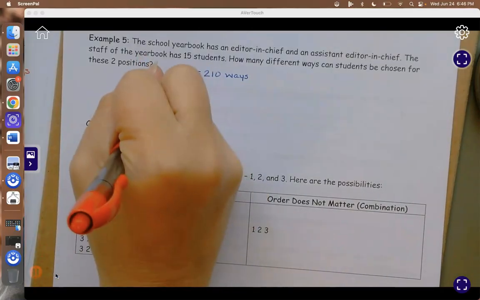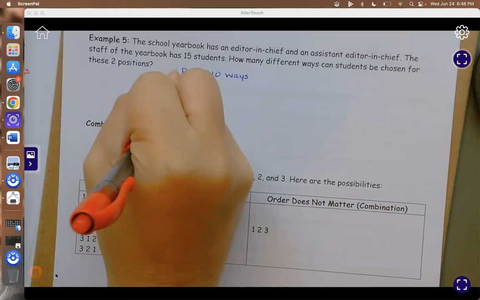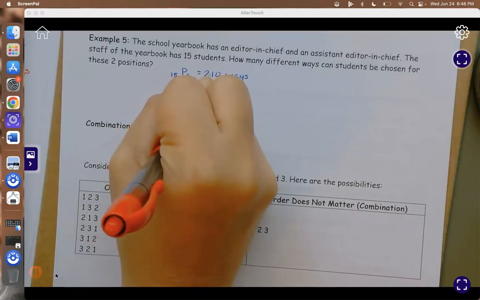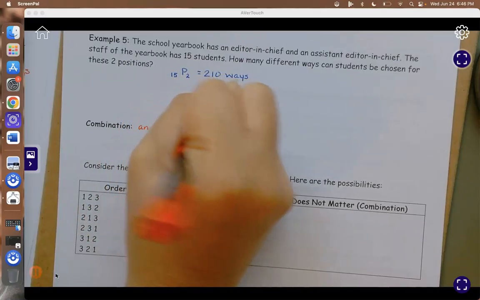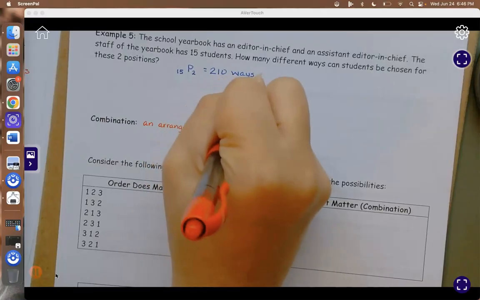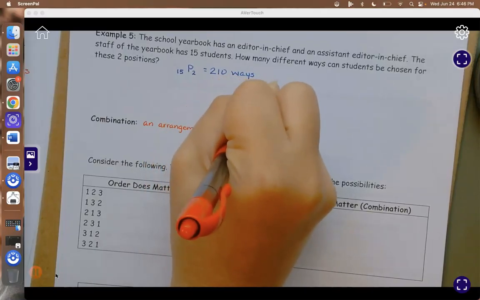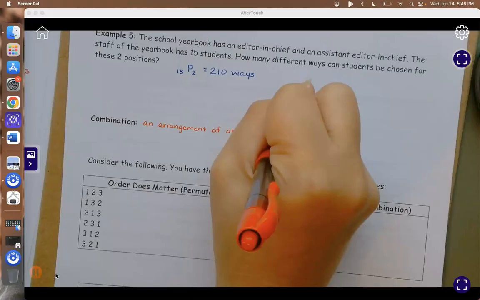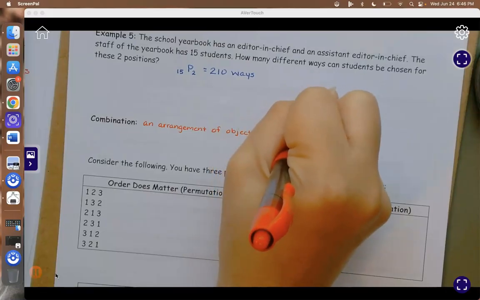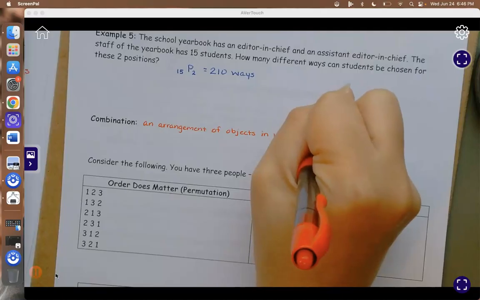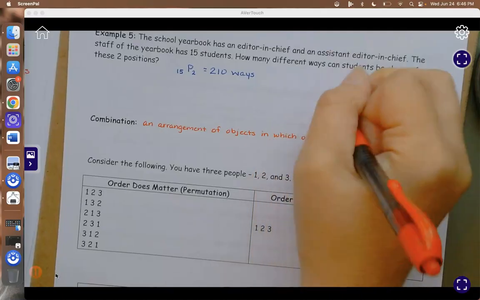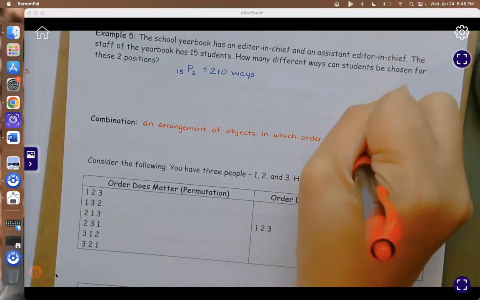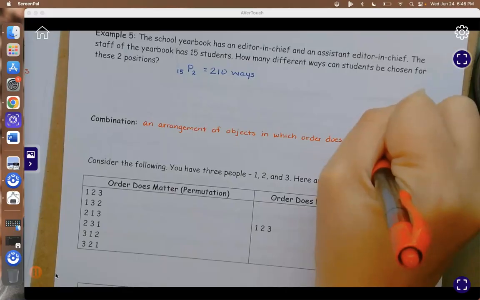So a combination is an arrangement of objects in which order does not matter.